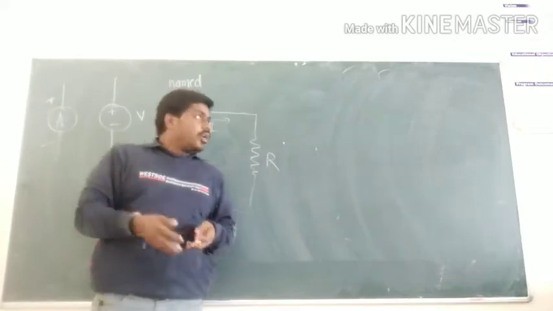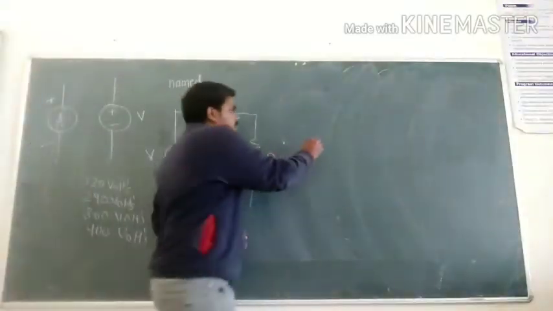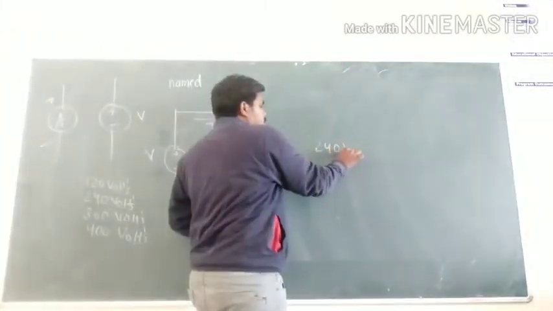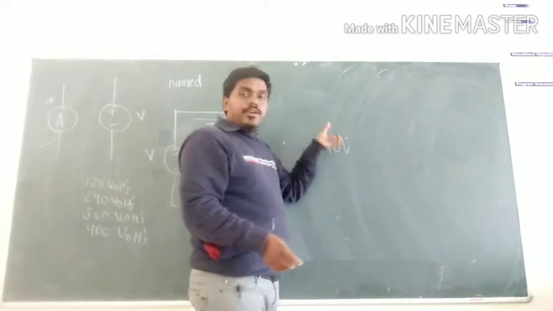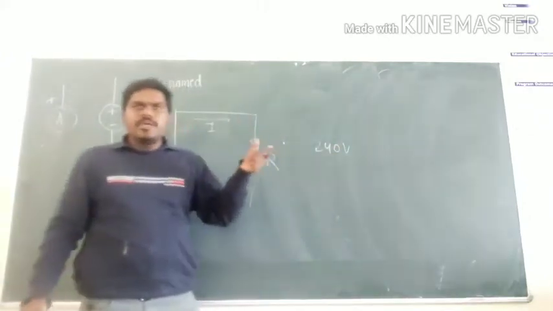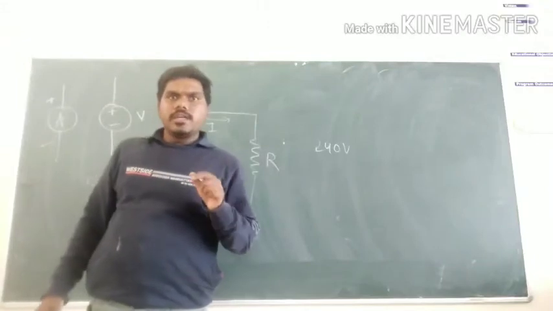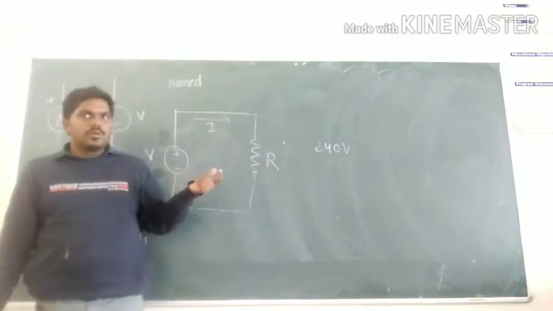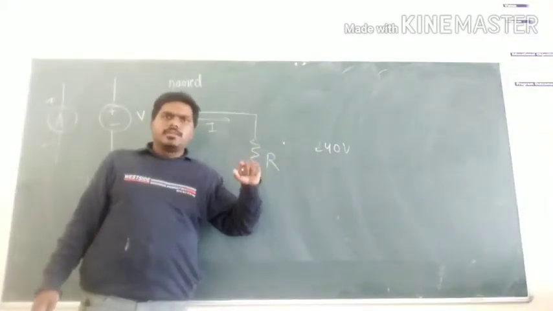Let's suppose my rating is 240 volt, so nominal means it is not exactly 240 volt. It can vary, plus or minus of that 240 volt. So a 240 volt circuit may not be perfectly 240. It can range from 245 or 235, something like that.